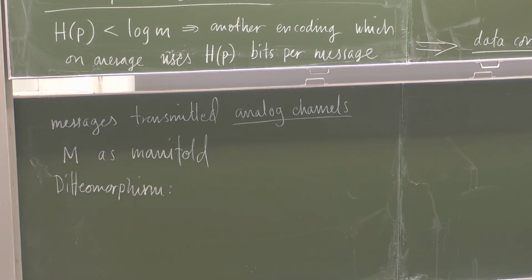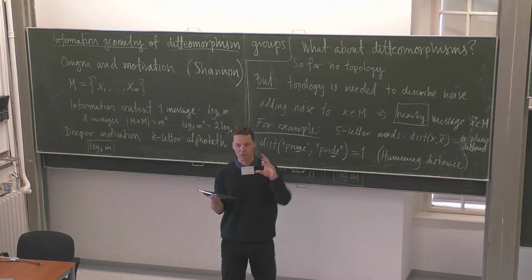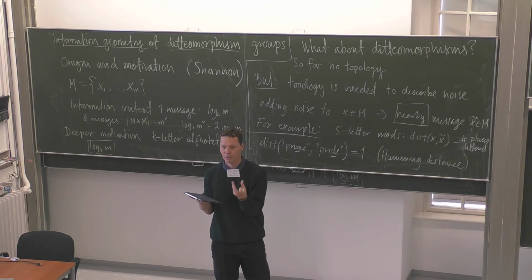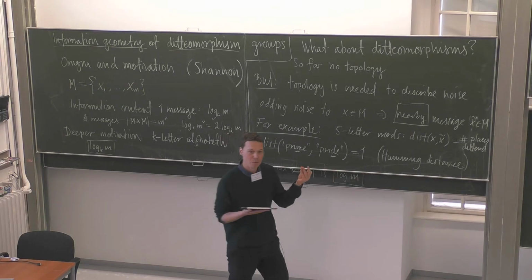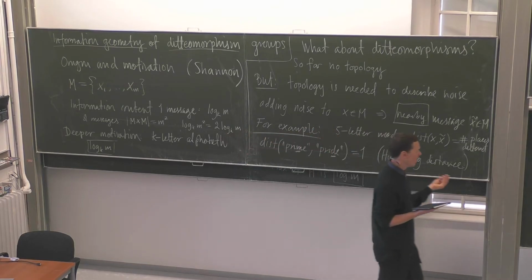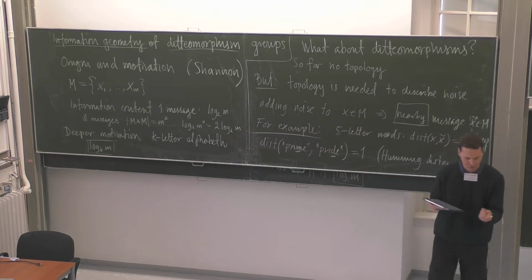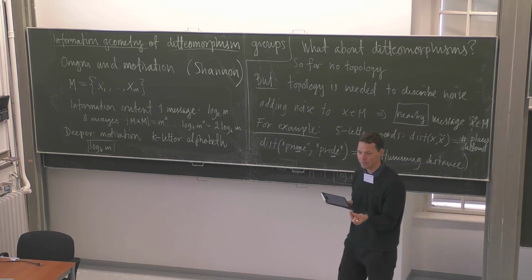Well, the way I think about it, it means that you're changing the encoding. Because now we represent it in some other way. We shuffle things around. So imagine a signal. We're changing how we encode this signal in this analog source, M, the manifold. But we do it in such a way that nearby messages remain nearby.